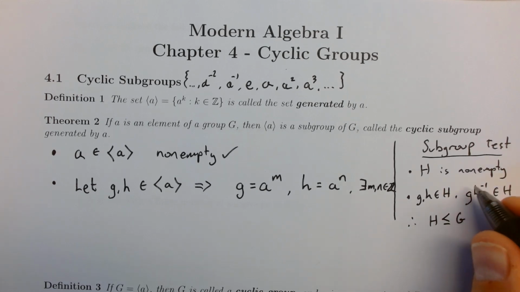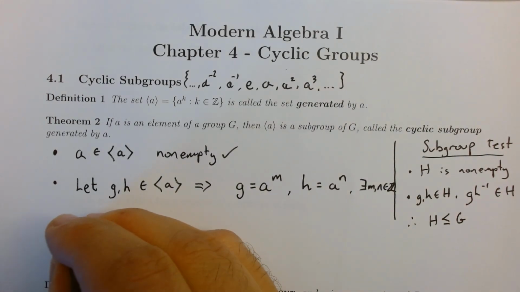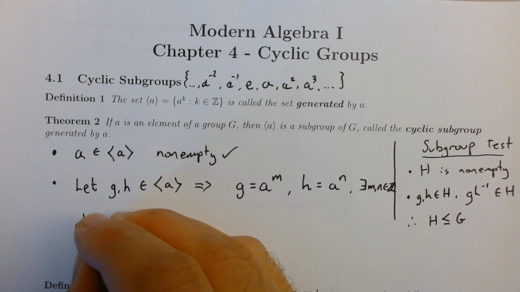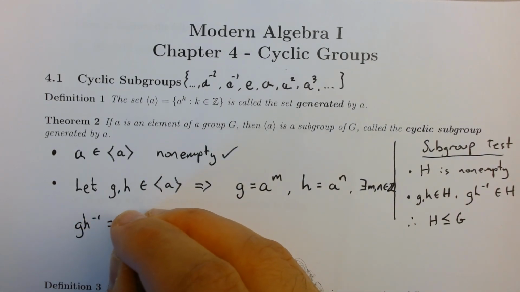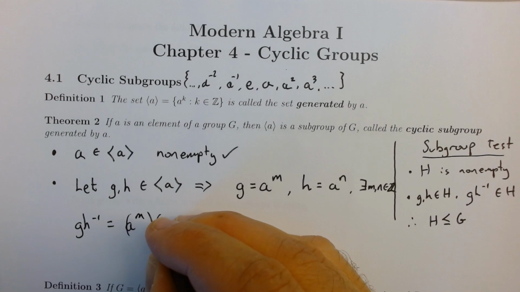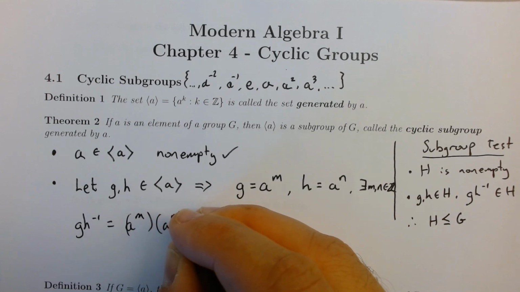So now we do the subgroup test. We form g h inverse. So g h inverse would then look like a to the m times a to the n inverse.